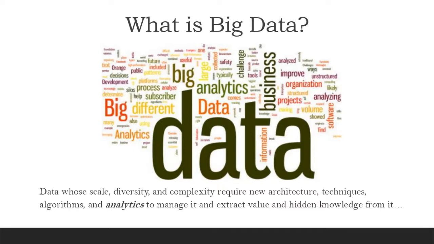And what that does is it adds a lot of complexity. With complexity, we require new architectures and new techniques to manipulate and manage the data. We require, as we would say in computational sciences, new algorithms. It also requires analytics to manage the data.